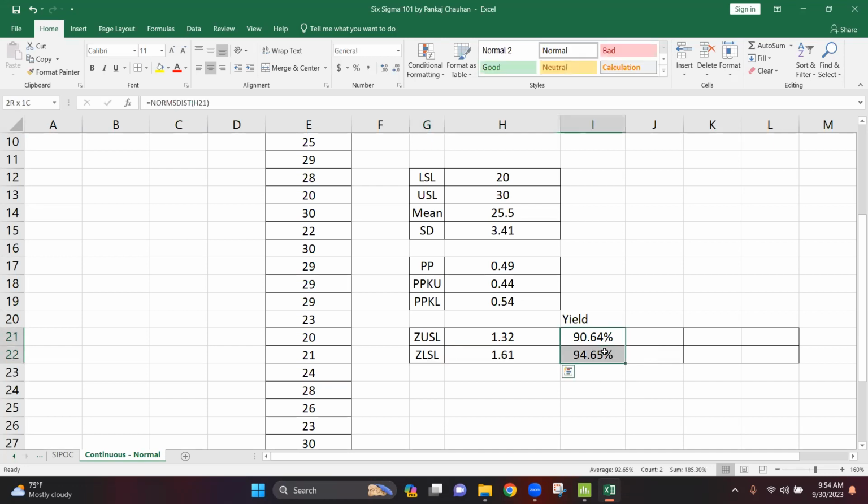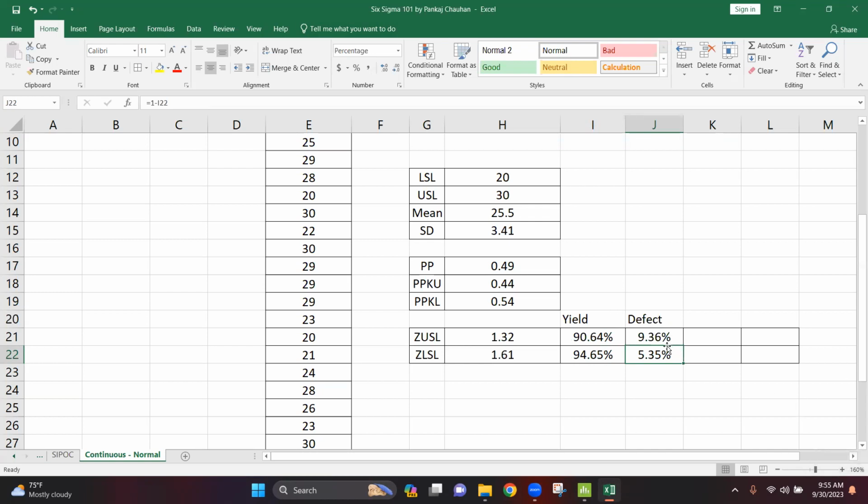Now I know how much data will fall within the specification. How much will fall outside the specification is your defect. So defect is always 1 minus probability, or yield. On the upper side of the specification, there is a 9.36% chance that I will miss the upper specification limit, and on the lower side, there is a 5.35% chance.